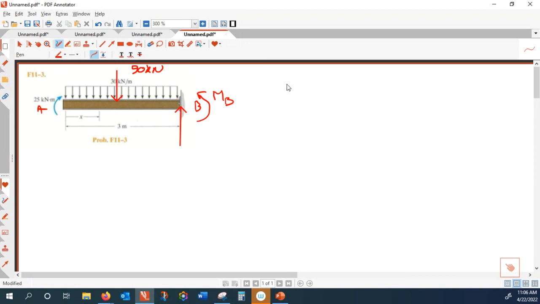And to find B of Y, well, B of Y is equal to 90.